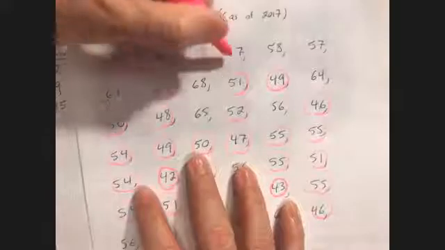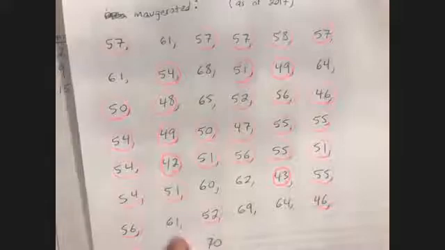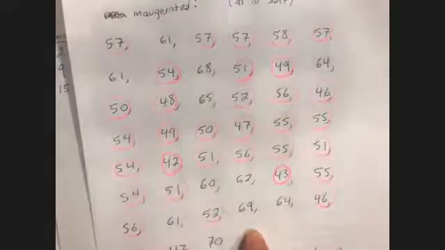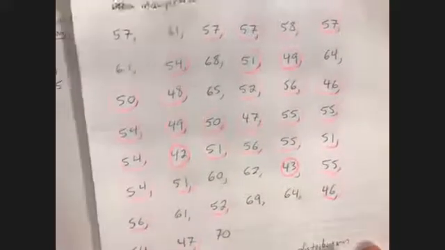56 to 60. 1, 2, 3, 4, 5, 6, 7, 8. Should be one more. 56 to 60.